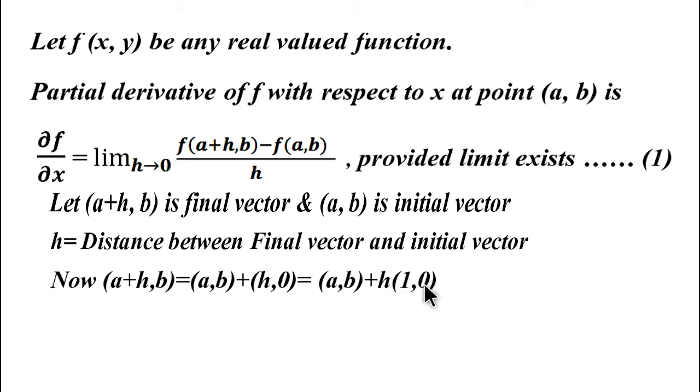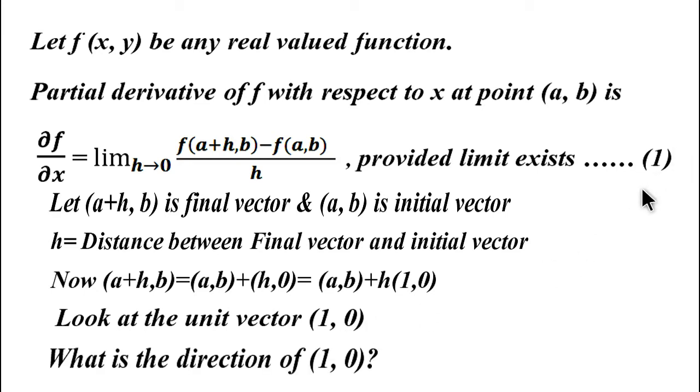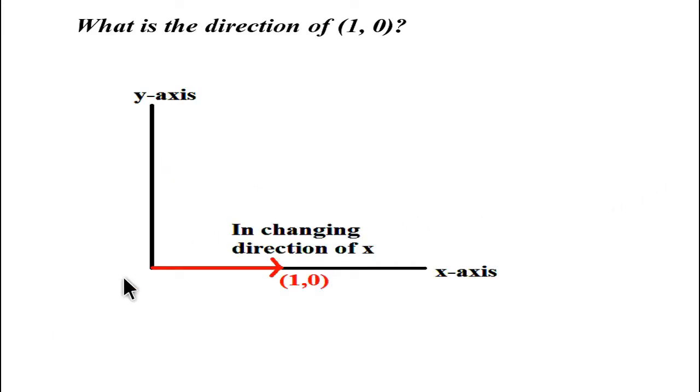Now look at this vector (1, 0). This vector is a unit vector, and what is the direction of this vector? The direction of this vector is along the x-axis, in the changing direction of x.